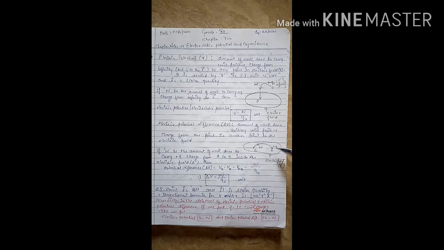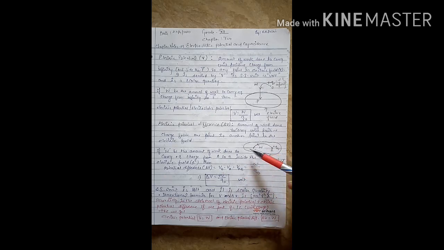So if Q naught is the charge carried from point A to point B, the electric potential difference is written as VAB or delta V, which equals W upon Q naught. As you know, point A is inside the electric field, and its electric potential is denoted by VA, and similarly the electric potential at point B is represented by VB.